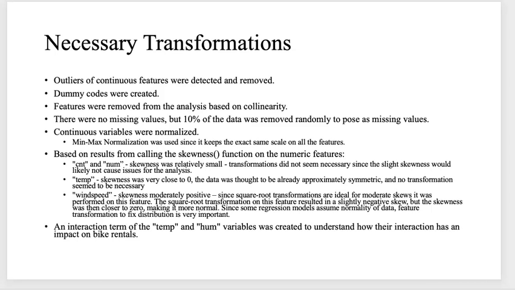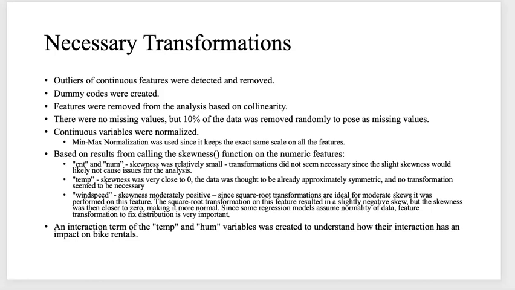Based on the results from calling the skewness function on numeric features, it was found that the count and humidity variables, sorry, this is a typo, it's supposed to be HUM, their skewness was relatively small, and for the temp variable, the skewness was very close to 0, so transformations did not seem necessary.